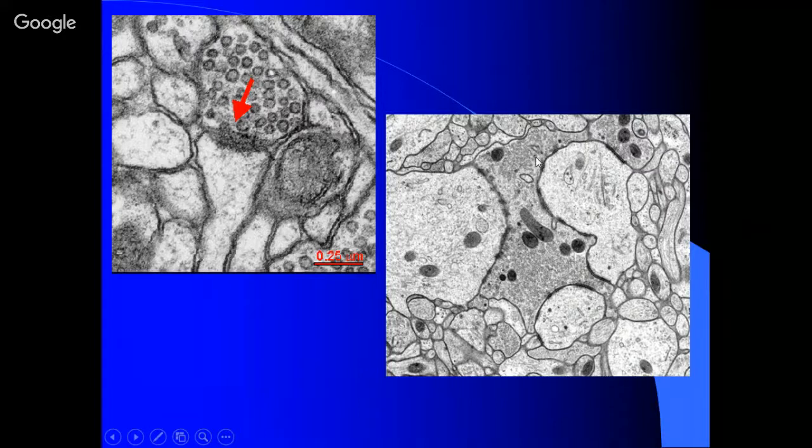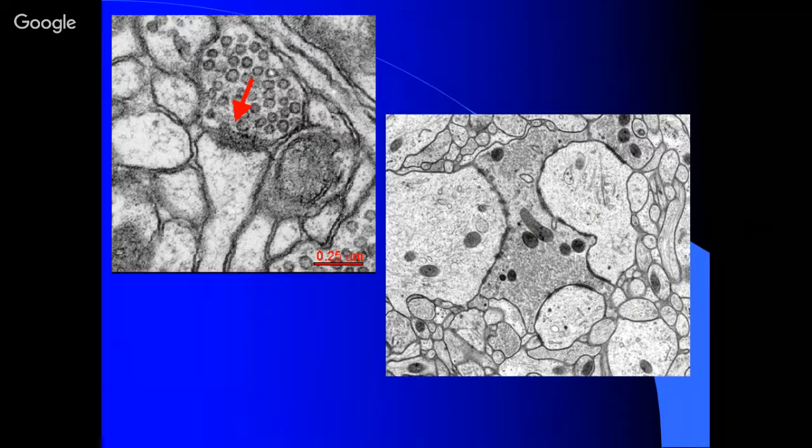And here we see the opposite. We see a single presynaptic terminal with multiple dendritic contacts, right? And it's filled with vesicles, just packed, and has these dense granules. The dense granules are the neuropeptide vesicles, called dense core vesicles.